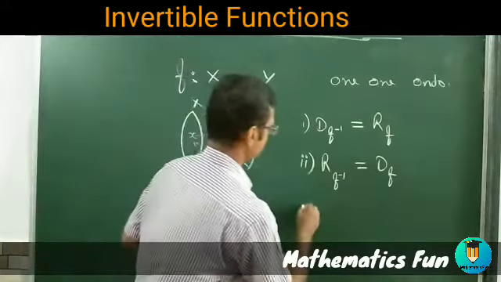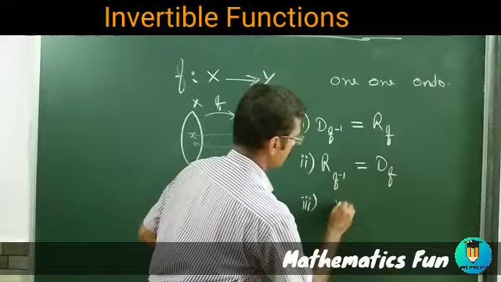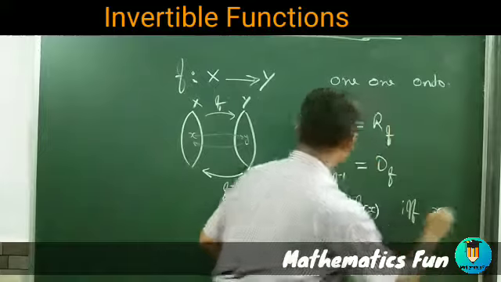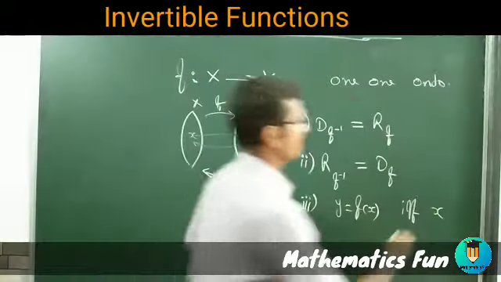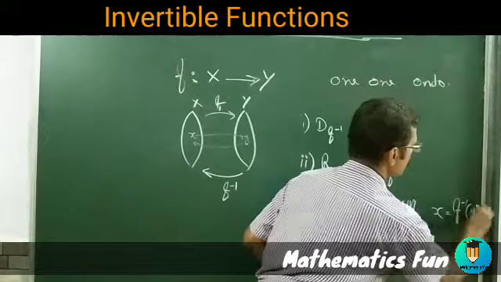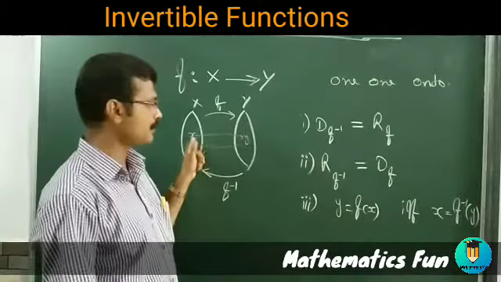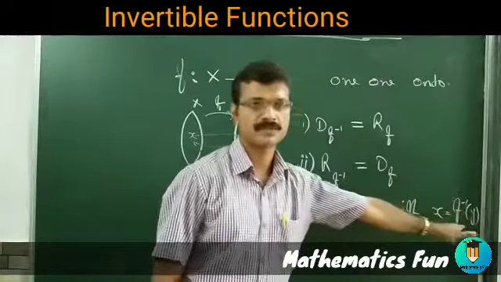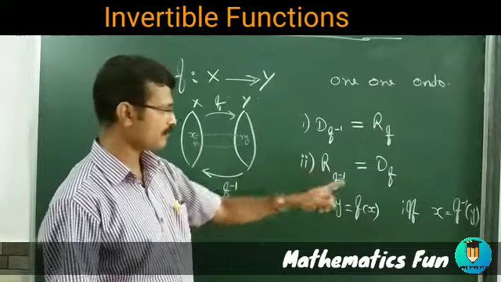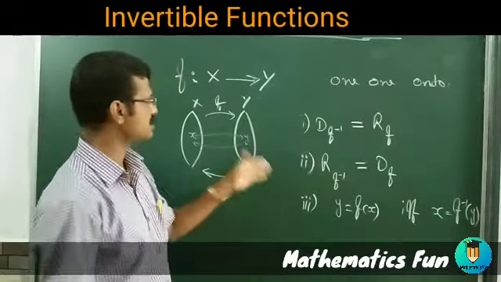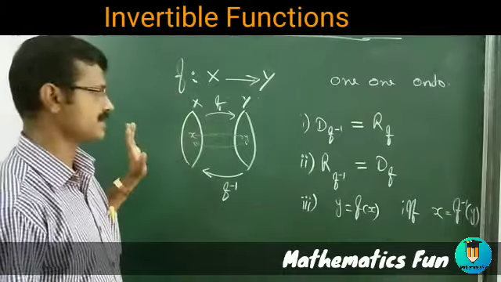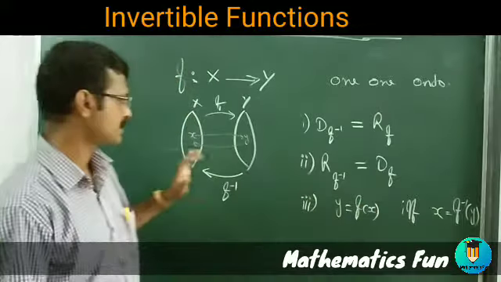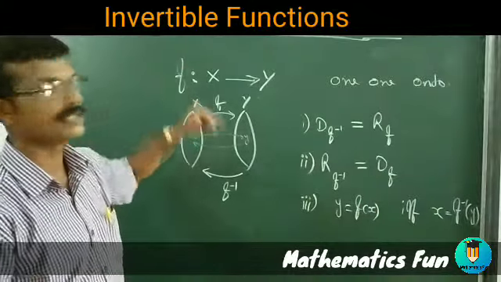That is the third point: y is equal to f(x) if and only if x is equal to f inverse of y, for all x belonging to X and for all y belonging to Y. These are the three results we come across from the invertible function: the domain part, the range part, and this third one. You have to know these three things, then we will be able to deal with this.